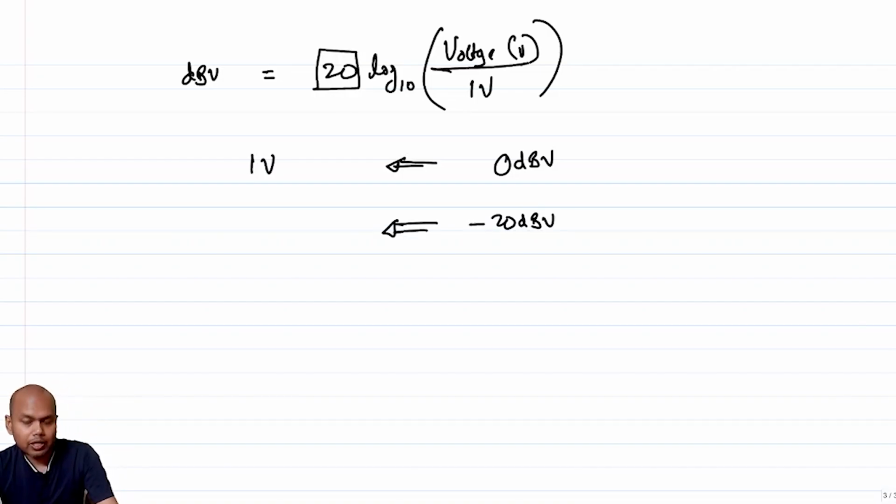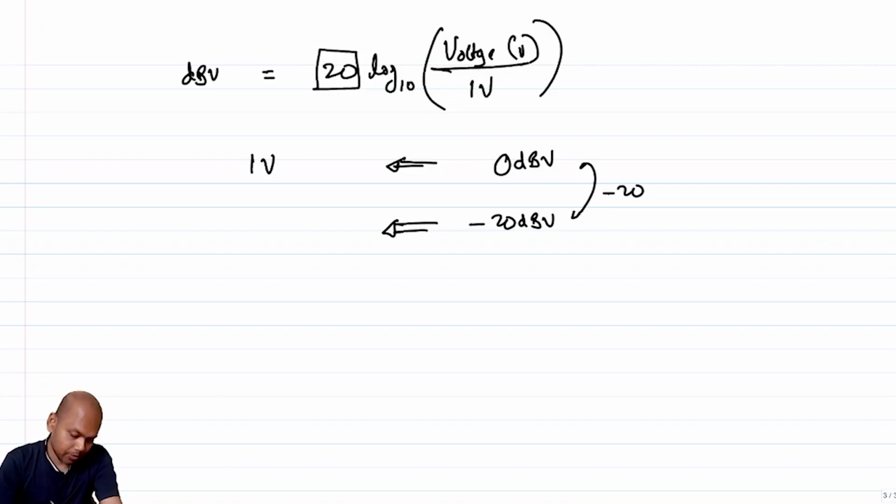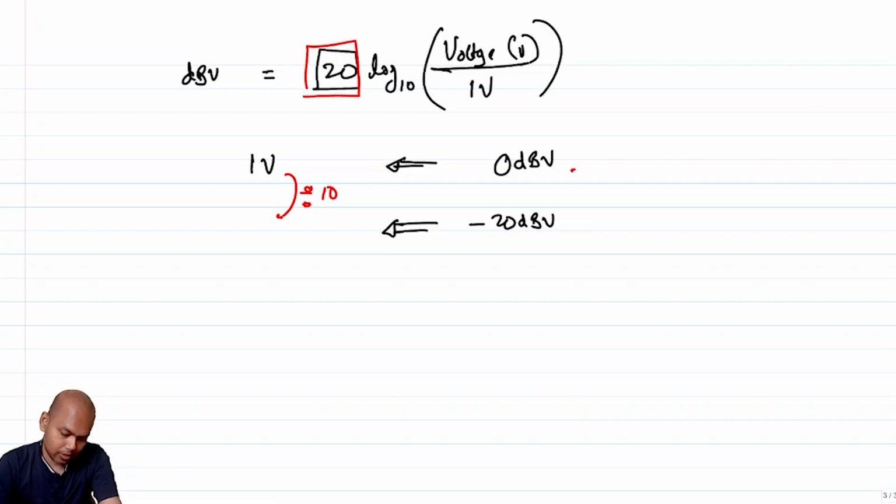Here minus 20 means in voltage scale you are going by minus 20, which means in linear scale you are going by divide by 10, because note that in case of dBV this is 20, not 10. So you have gone by 20, here you go by 10, which means this is 0.1 volt.